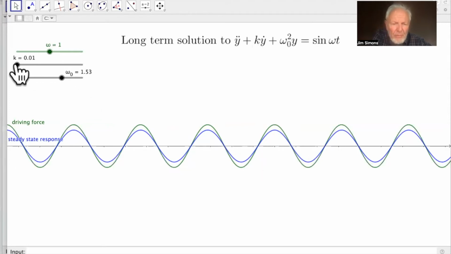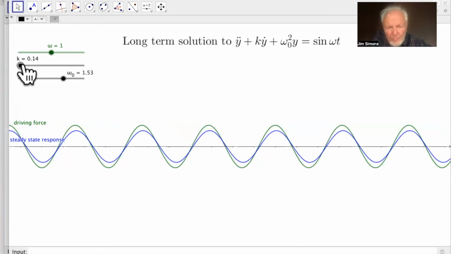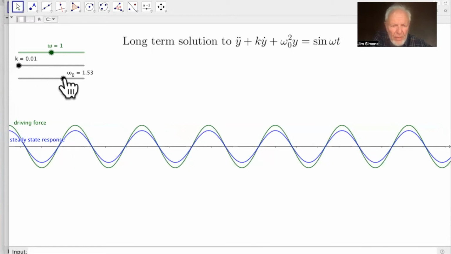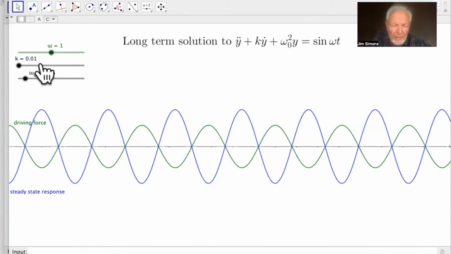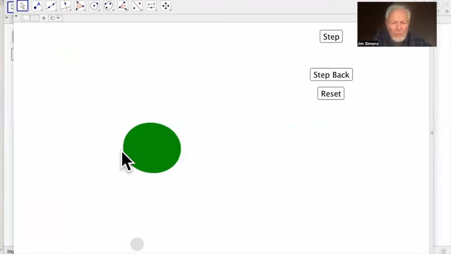I've set it up here with very low damping and with omega being smaller than omega naught. In other words, we're forcing it slower than its natural frequency, and the response is in phase. If you apply some damping, it delays the response a little. And a reminder, in the case of the tides, the response is out of phase when we're forcing it faster than its natural frequency.